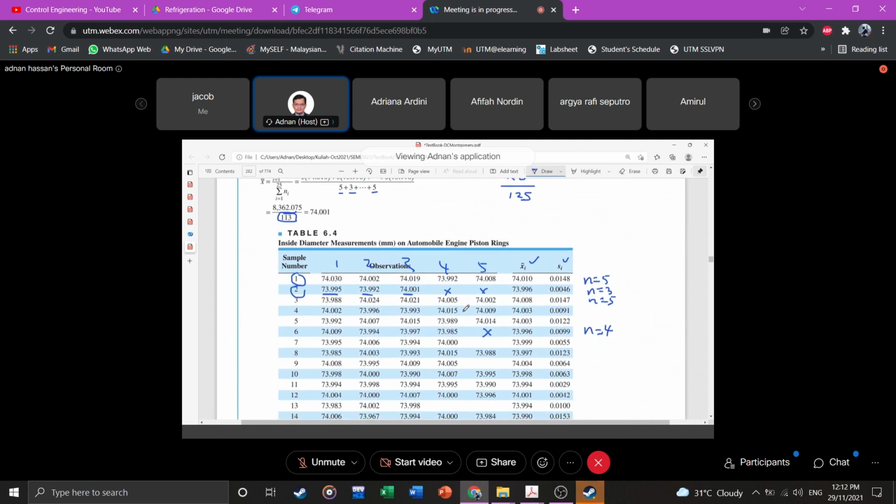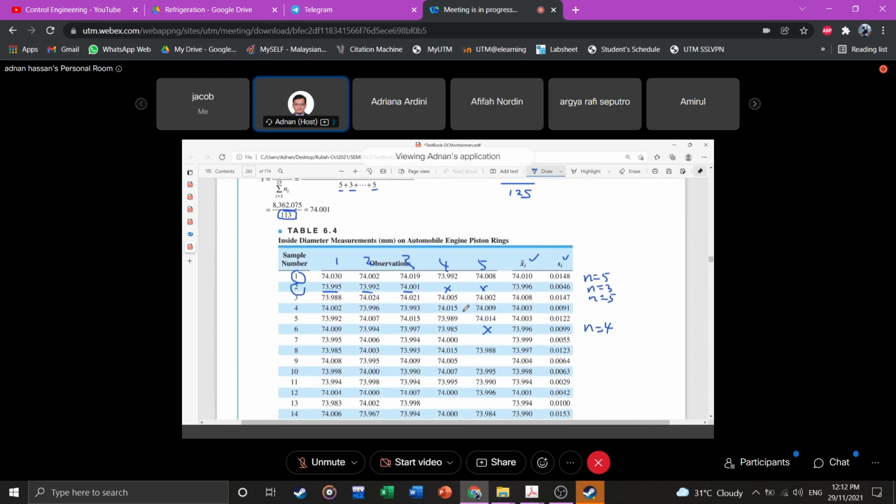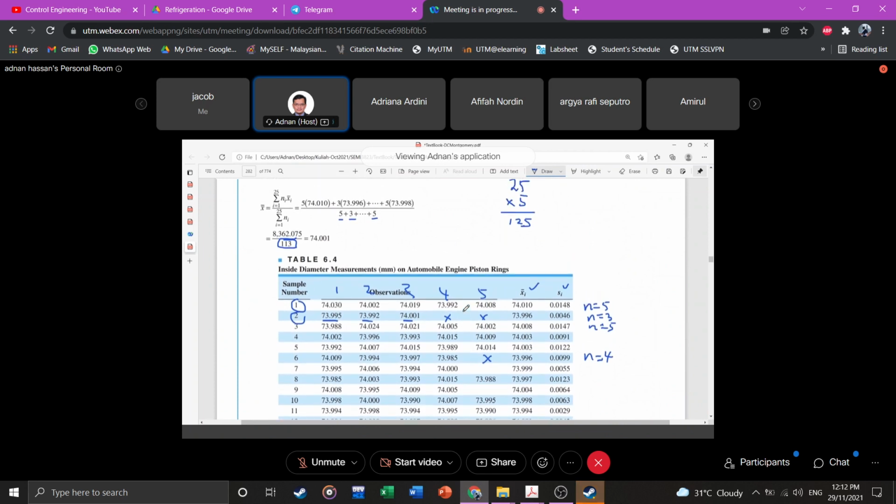But anyway, the procedure is important here. We just follow the procedure. We have to calculate the total based on what we have. To get the X double bar, they do 5 multiplied by 74.01, 3 multiplied by 73.996, because they are using the average numbers.